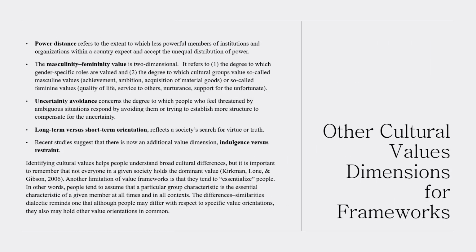So, some other cultural value dimensions and frameworks that you should be aware of. Power distance refers to the extent to which less powerful members of institutions or organizations within a country expect and accept the unequal distribution of power. In other words, how far away do minority cultures find themselves or identify themselves in relationship to majority cultures in a particular distribution of power?